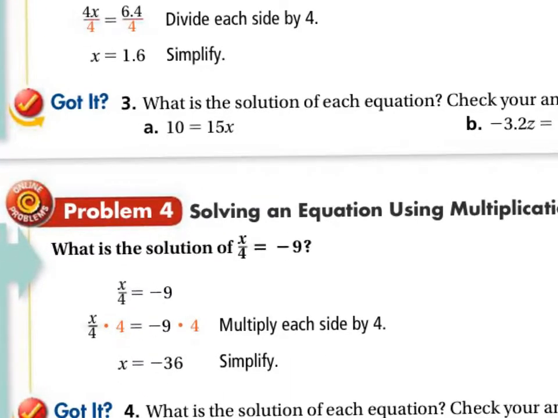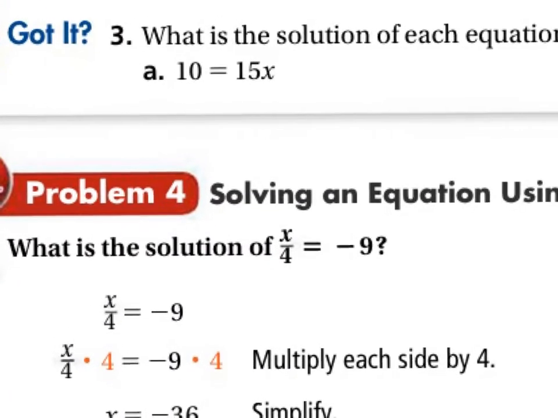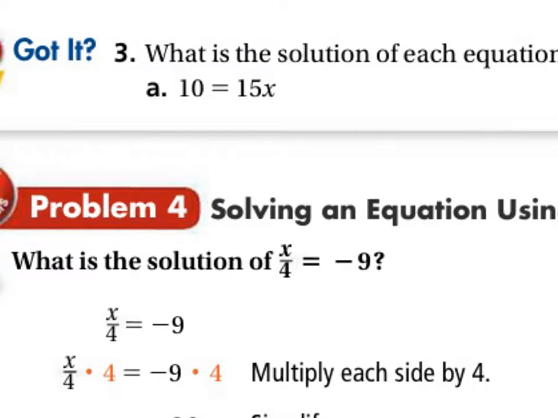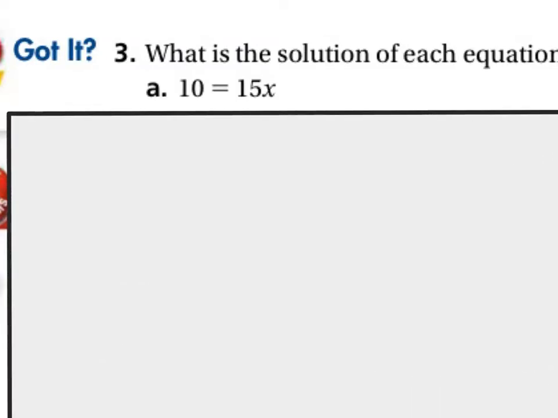So if we look at the got it 3, this problem, the variable is being multiplied by 15, so we could divide by 15 on both sides. When we go to do that, that's going to create a fraction for us, so then it's just a matter of making sure that we reduce our fraction down if we can.